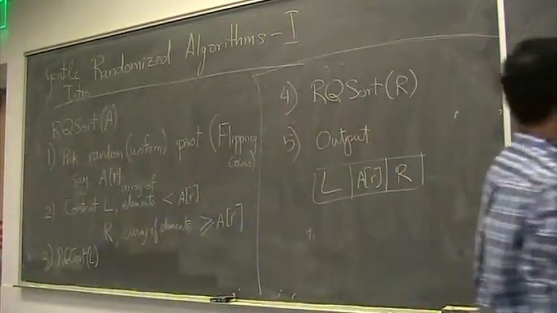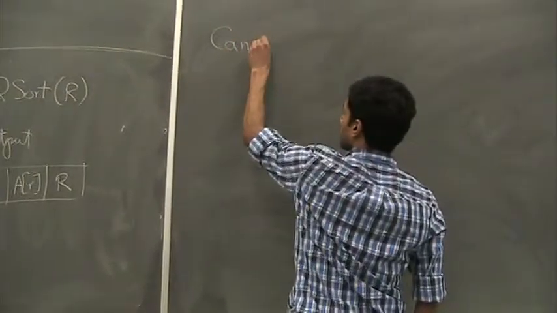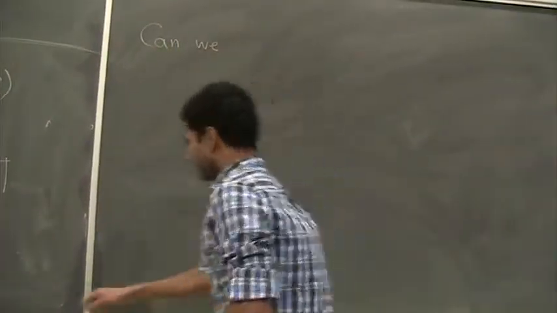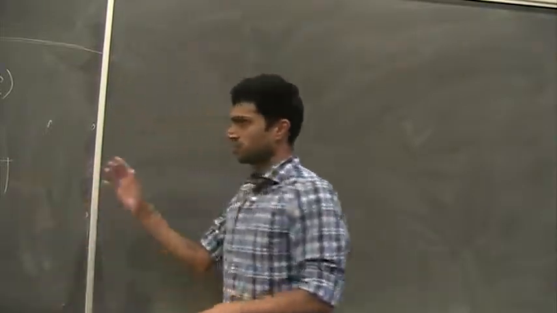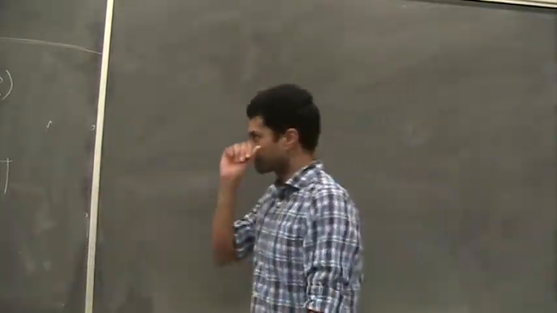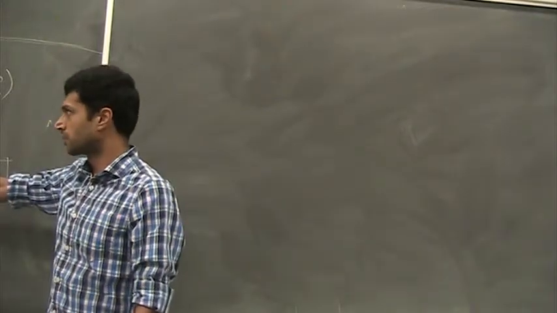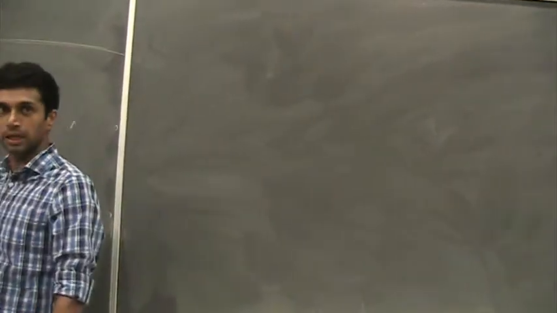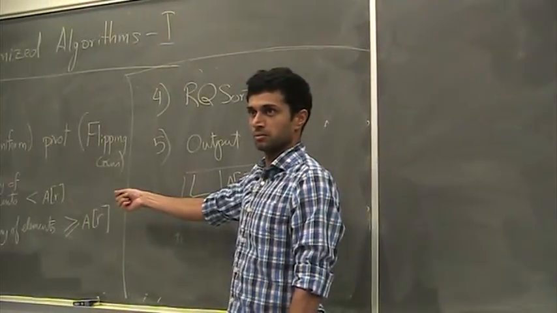So what we want to say about randomized quicksort is, well, actually, before we do this, let's just try to understand what happens. Because if you think about this a little bit, you'll see that there is some probability that the worst behavior will happen. Right?